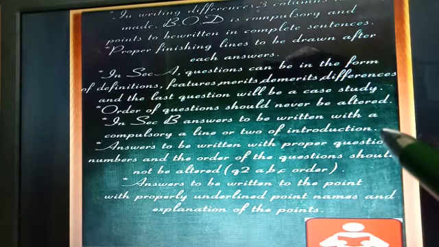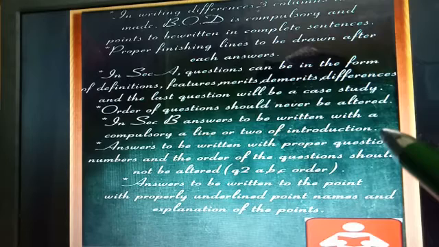You have to write complete sentences in English, like the scope of business is very wide, and on the other hand, the scope of that particular thing is very narrow. This is what I mean by complete sentences.